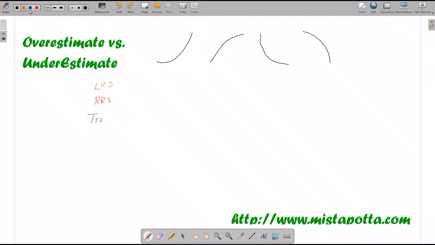Our function here is going to be an underestimate when my function is increasing, and an overestimate when my function is decreasing.